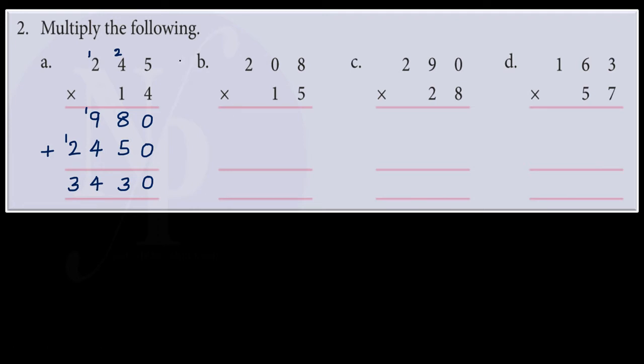Coming to B, we have 208 into 15. So let's multiply 208 by 5 first. 5 8s are 40. Since this digit is 0 here, we write 40.